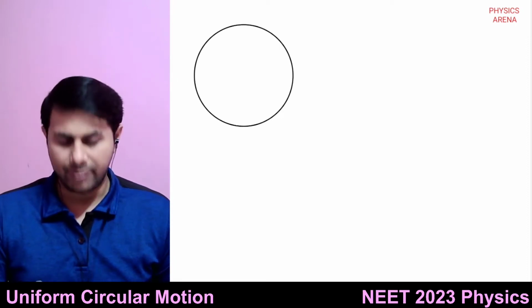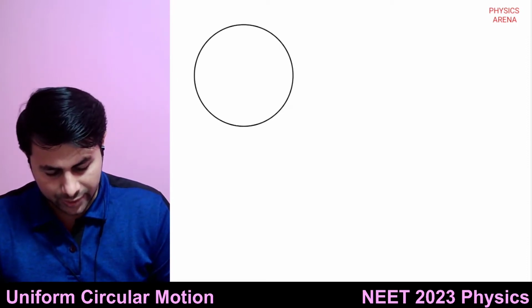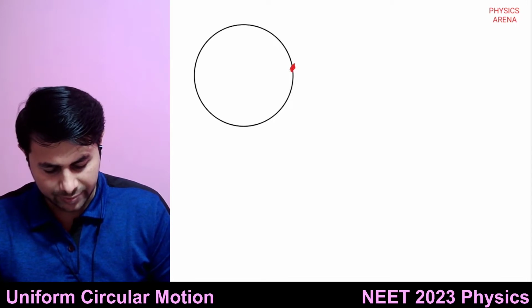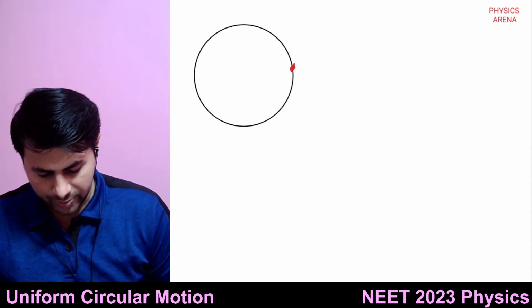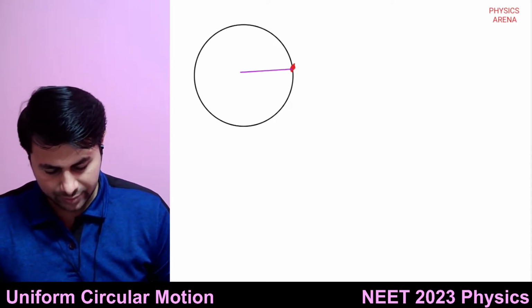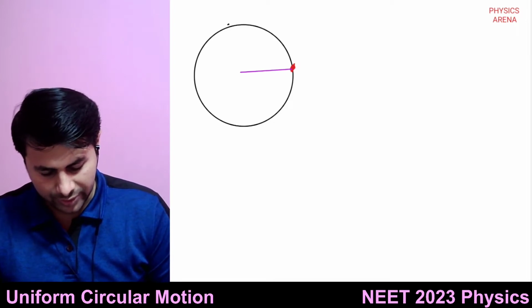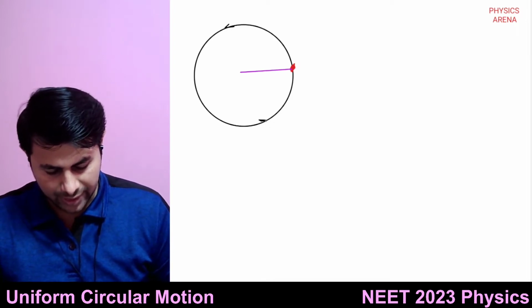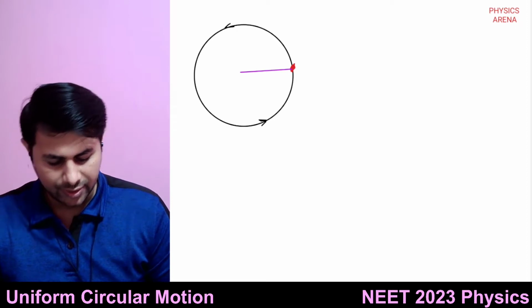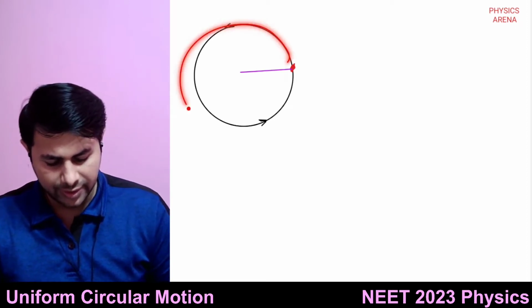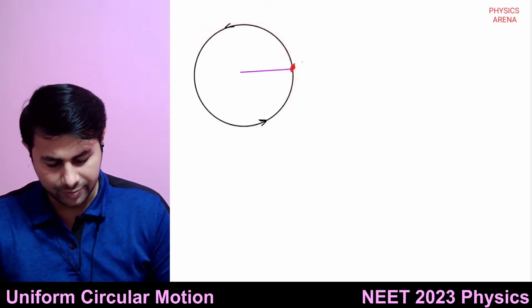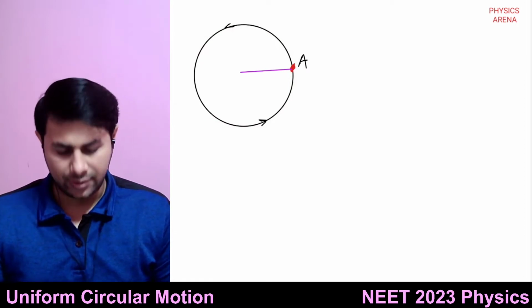The time taken by it to complete one revolution is known as its time period. This particle starts from this point, moves in the anticlockwise sense, and comes back to the same point, let's call it A, in time capital T.